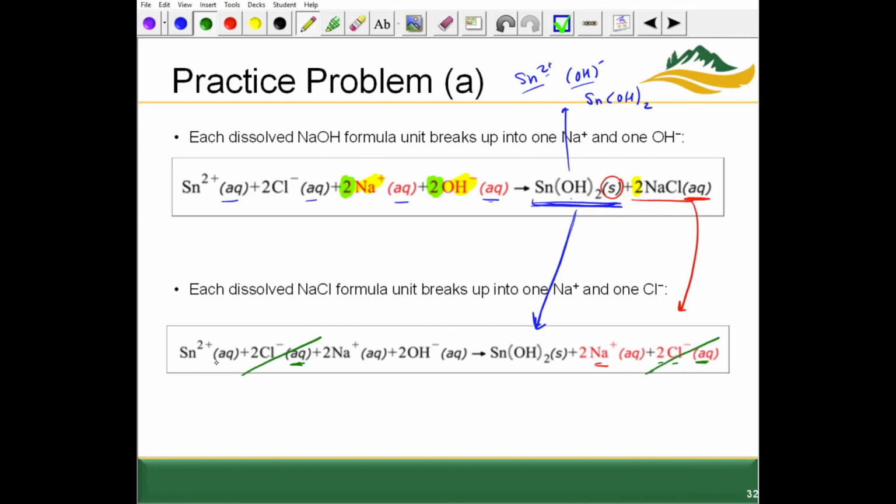Sn2+ aqueous, does that show up over here? No, it doesn't. Sn2+ aqueous is on the reactant side, but now tin is involved in the solid precipitate.